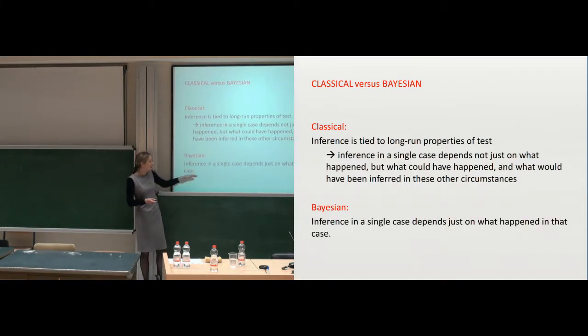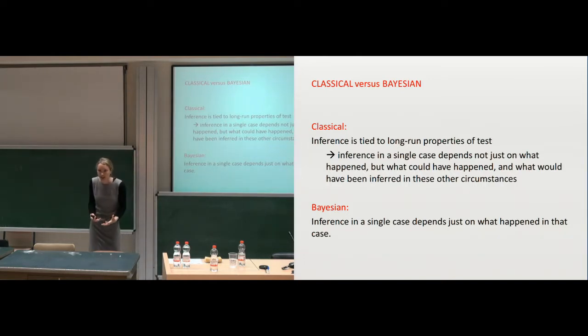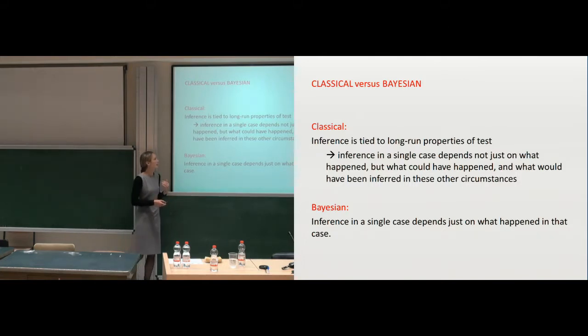For the Bayesian, inference just depends on what happens in the single case. If we got 6 heads out of 20 tosses, it doesn't matter what the other possible outcomes of your test could have been and what you would have inferred in those circumstances. Now, that's not to say the Bayesian doesn't care about long-run properties of tests.